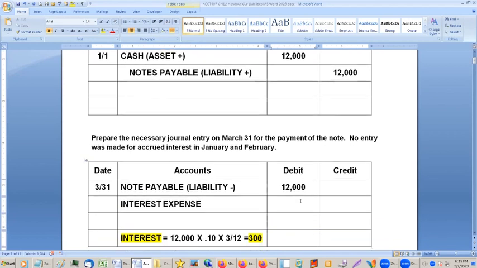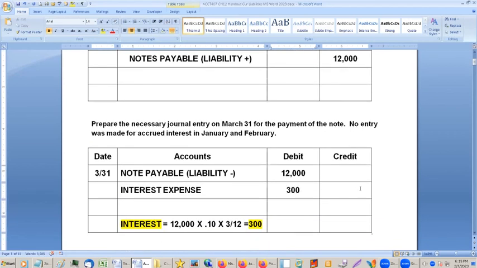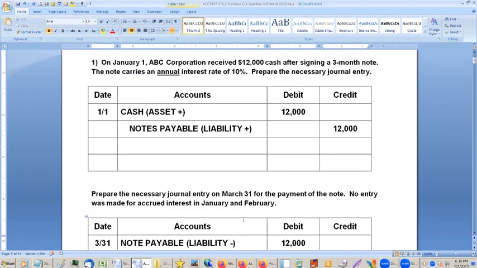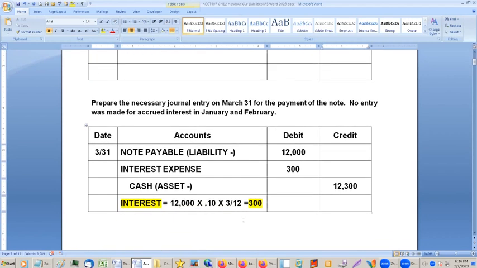They don't even say what year it is. It doesn't matter. It's in the same year. 300, and then we're going to write them a check for the note payable. Asset going down. 12,000 plus the interest 300. So it's kind of a straightforward note payable.